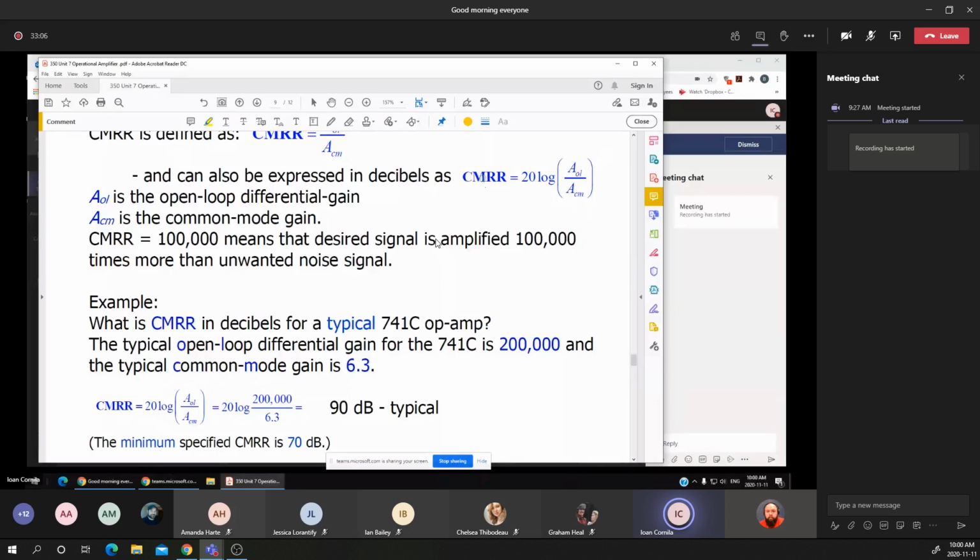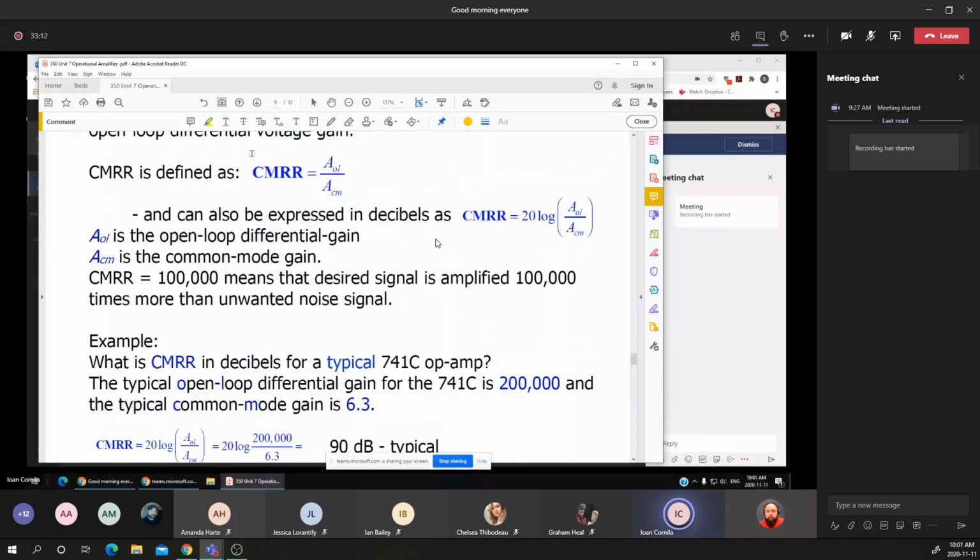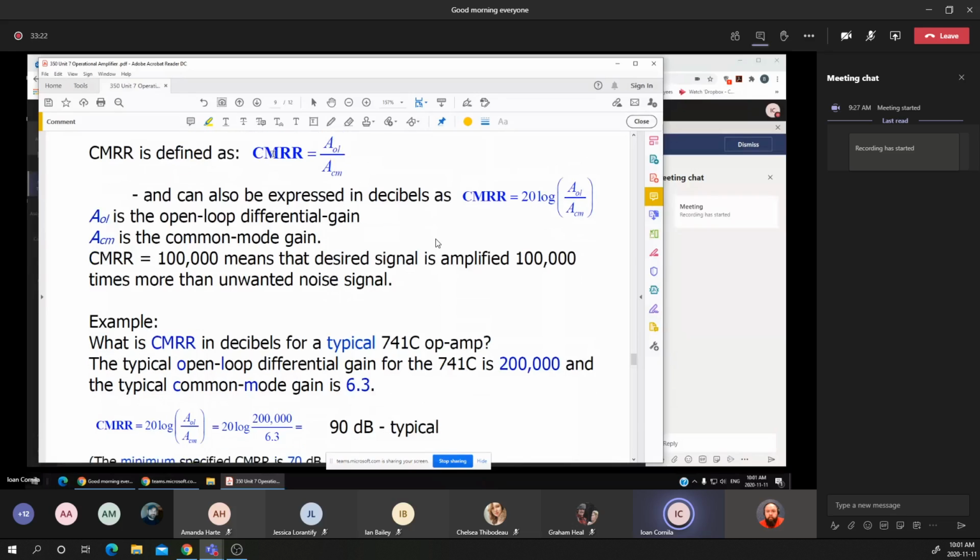That's why the CMRR ratio is a dimensionless number, as defined by this equation. It's a dimensionless number because the AOL is dimensionless and the ACM is dimensionless, which means that the CMRR is a dimensionless number.